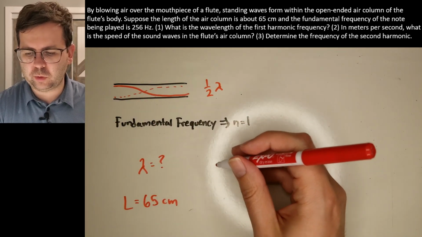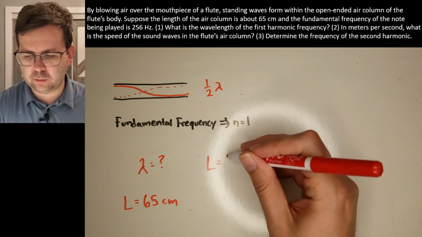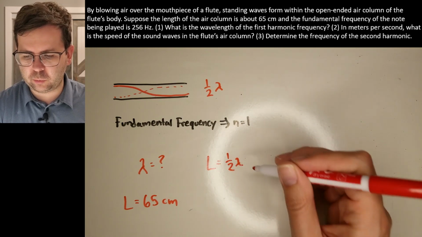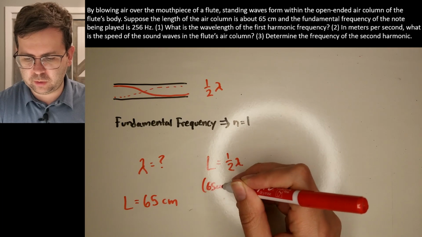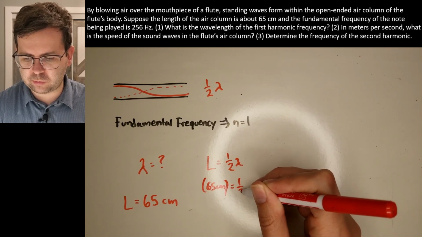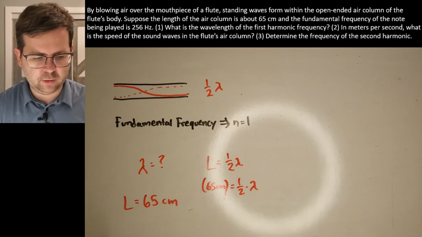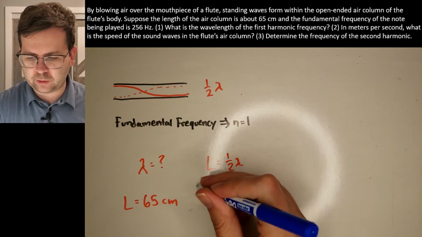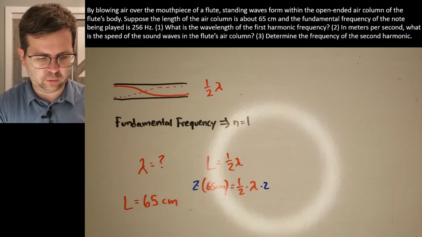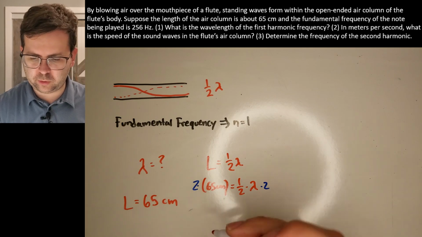So rewriting this equation right here with n equals 1, the length of the pipe is 65 centimeters, and we're dealing with half a wavelength here. So if we multiply both sides by 2, we'll find our wavelength, which is 130 centimeters.